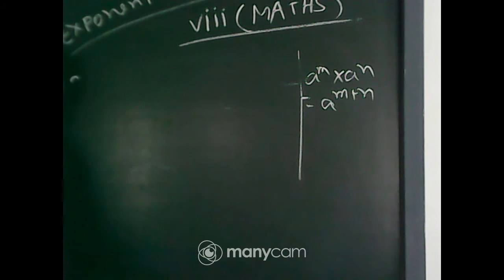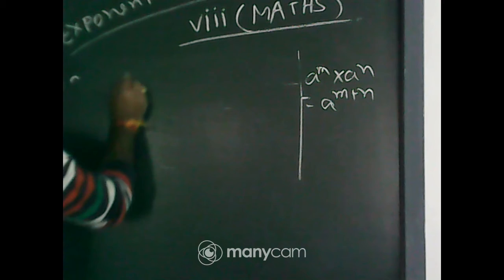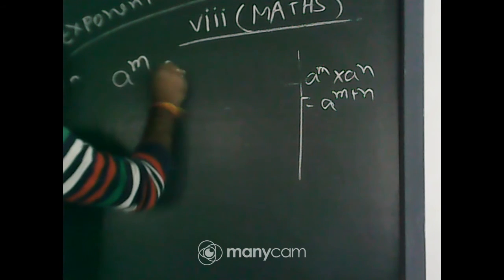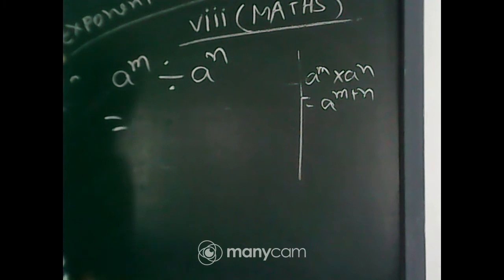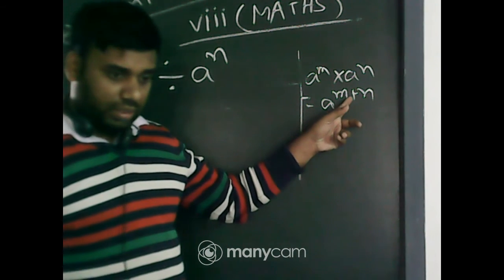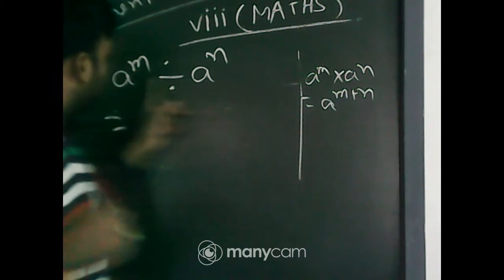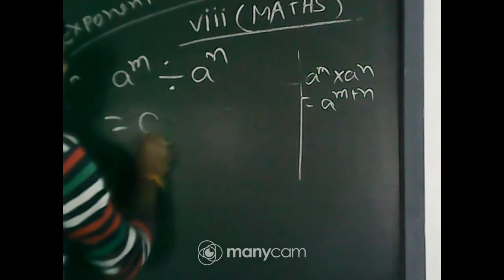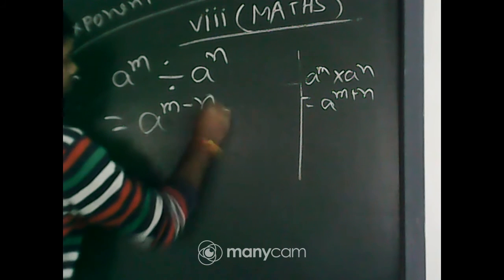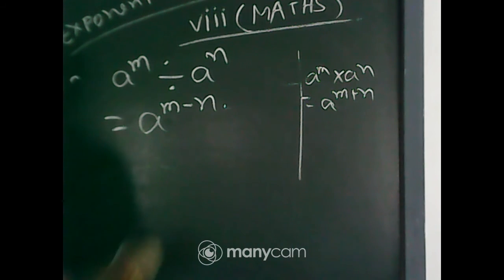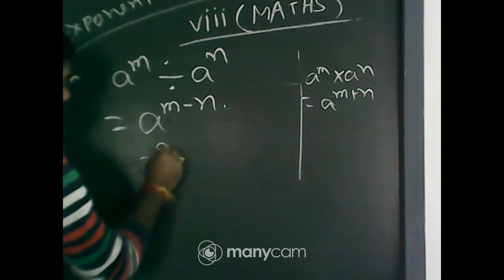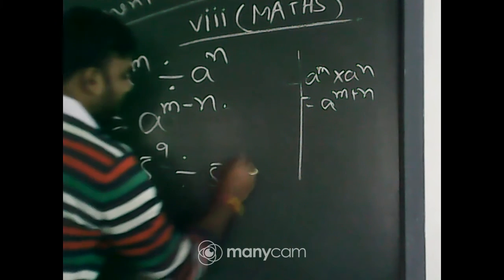Now if I divide a to the power m by a to the power n, then in case of multiplication you add, and in case of division you subtract: a to the power m minus n. For example, 5 to the power 9 divided by 5 to the power 8.